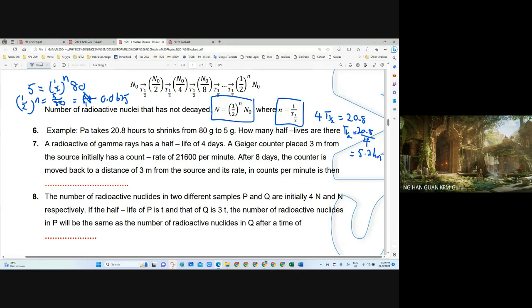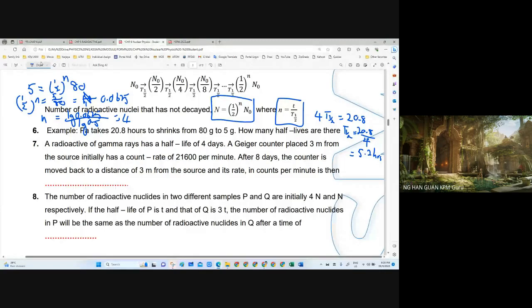So later on, n will equal to log 0.0625 divided by log 0.5. Just use a calculator: log 0.0625 divided by log 0.5. The answer will be 4. You get n equal to 4.